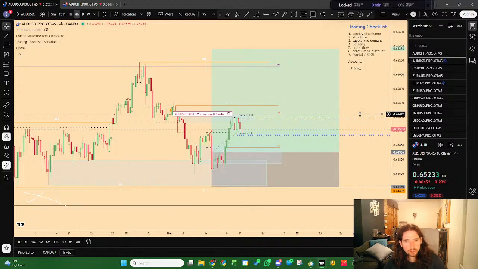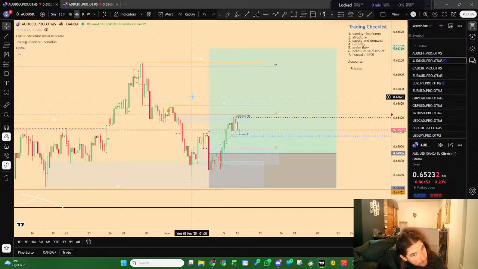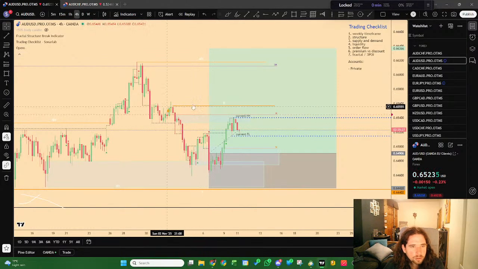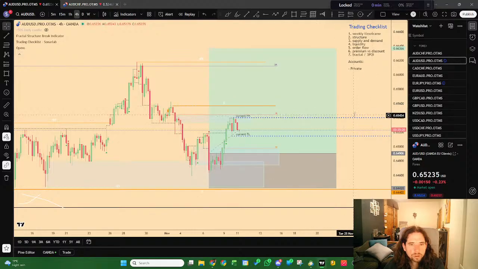I do have an alert here, so if it crosses there, I'll be, yeah. Okay, and scaling in. Because there's so much liquidity here and there's a strong close there, I'm not looking to scale in.